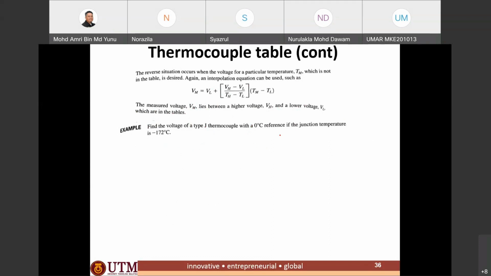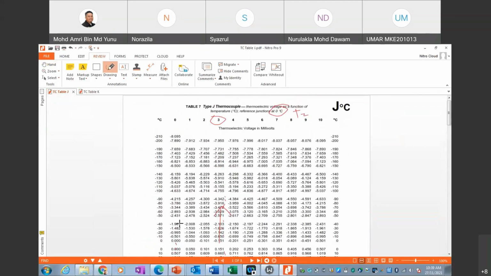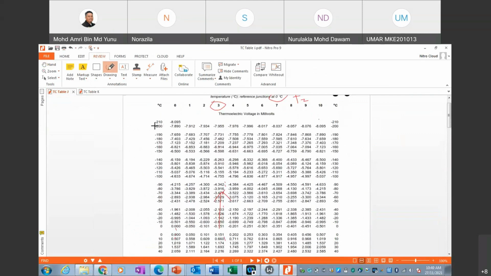Type J still maintained at 0 degree reference. Find the voltage if the junction temperature is at negative 172 degrees Celsius, type J. So we look at the negative range.